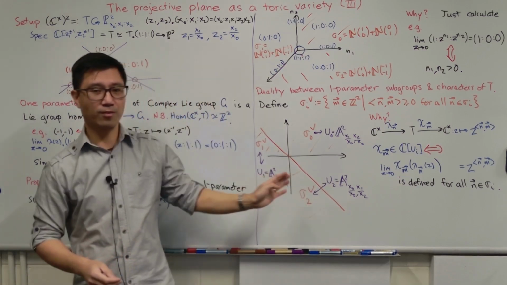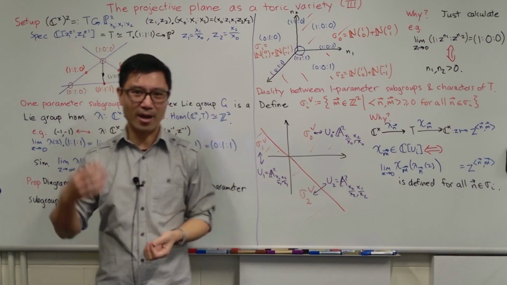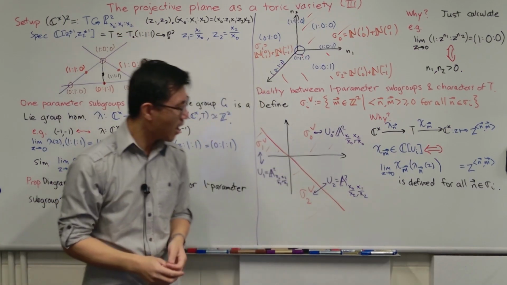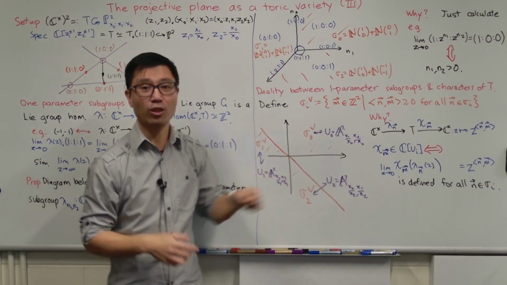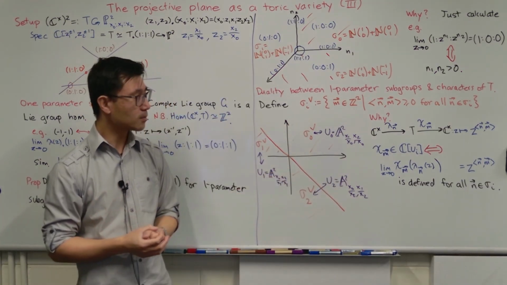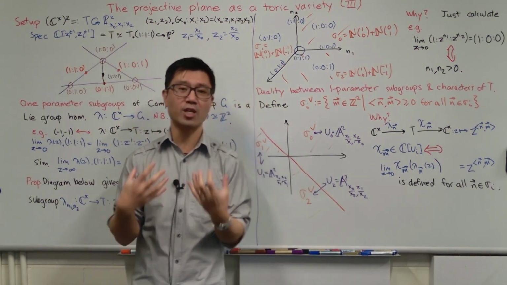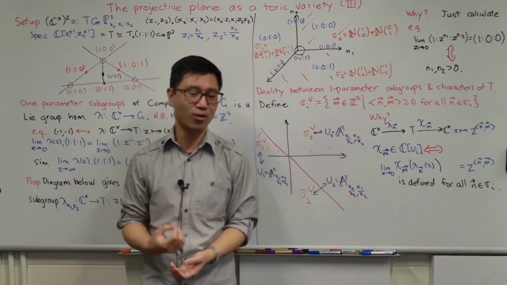And I hope this looks familiar. If you look back at the first video in my little introduction to the projective plane as a toric variety, you'll realize that this is basically the information which gives you the three affine patches for your projective plane. Remember, the affine patches are what give the projective plane its manifold structure.